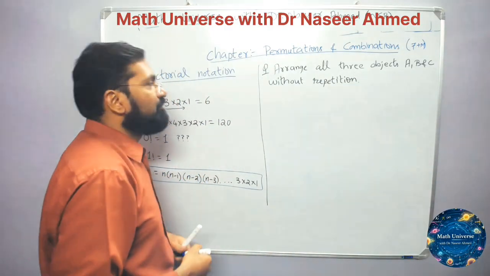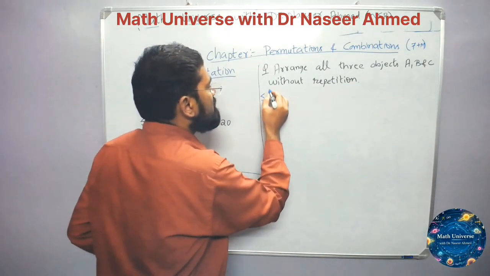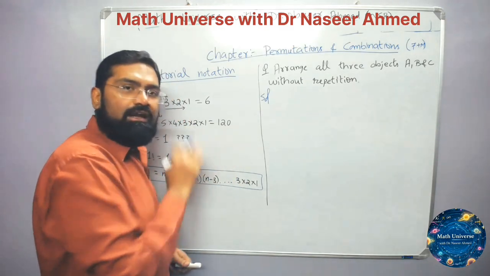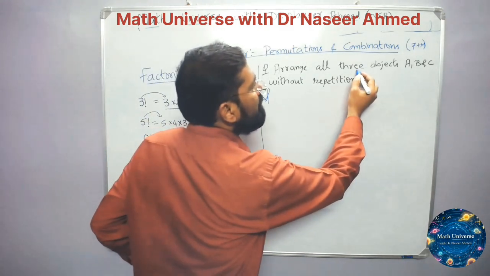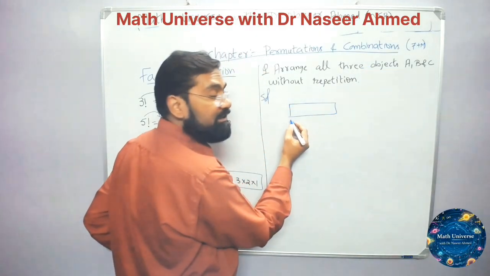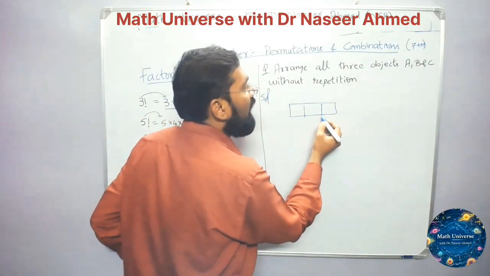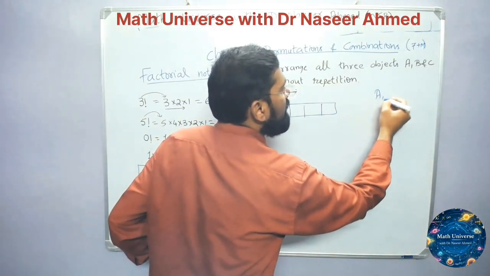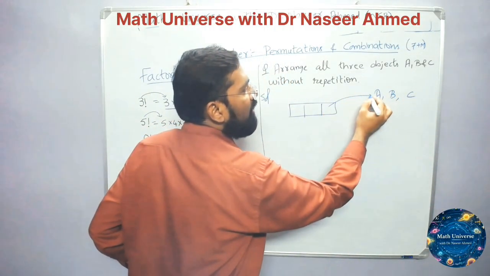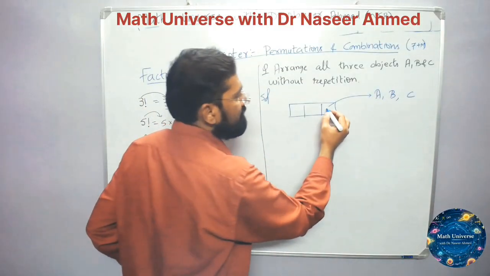Now just do it. First, I will take again that box concept which I explained. Then we will try to relate it with this. How many objects are there? 3 objects. I want to arrange all the 3 objects, so 3 boxes. And the objects are A, B, C. Here any one of the objects can be filled.